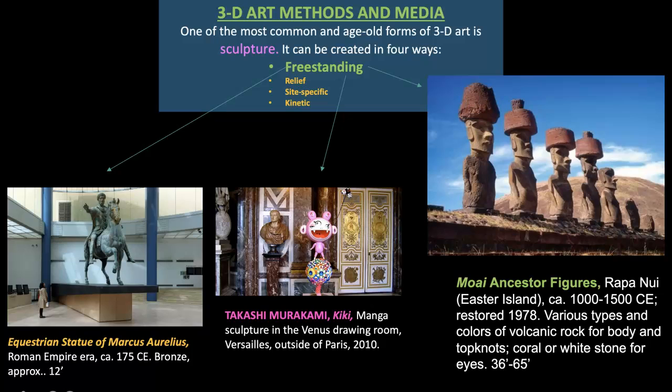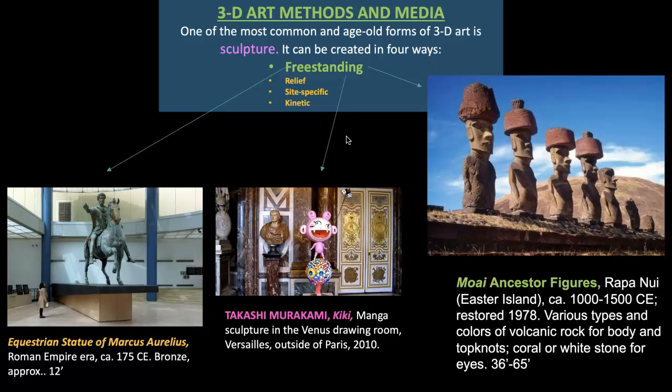All right. With our first slide here, I wanted to explore this concept with you. Again, I have the list of the various types of sculpture that can be created by artists, whether freestanding, sculpture reliefs, site-specific, or kinetic. And what I have here are examples of freestanding sculpture.